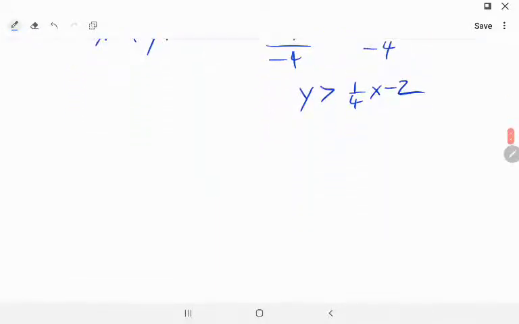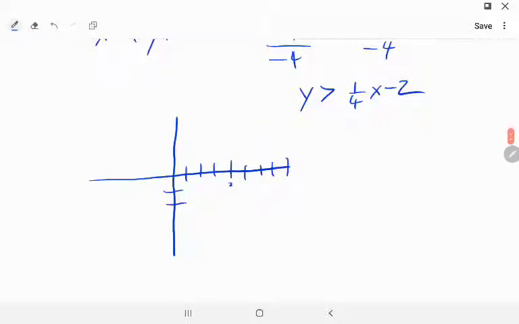And so now we're looking at that line y equals 1/4 x minus 2. So we can go up 1 over 4, up 1 over 4, draw a dashed line because it is a strict inequality.